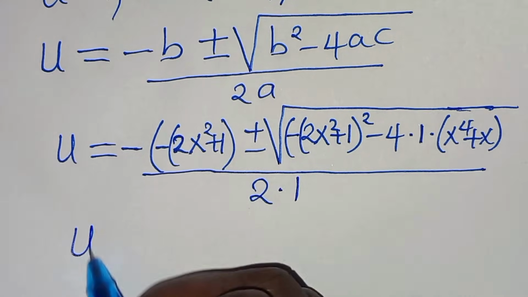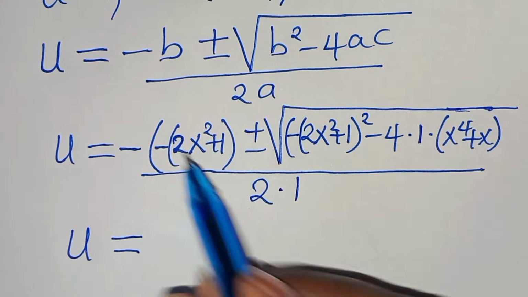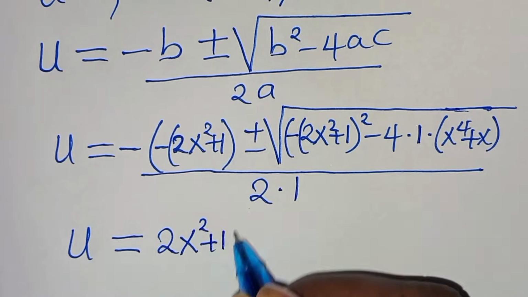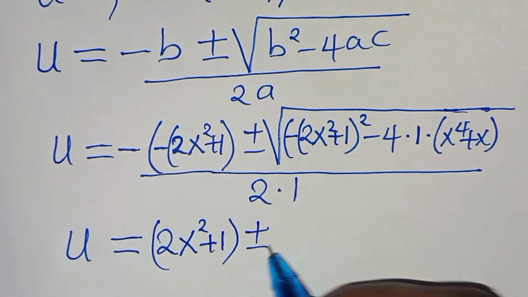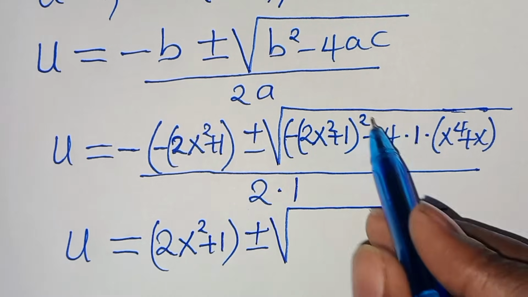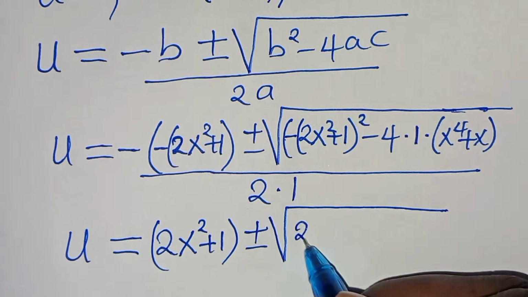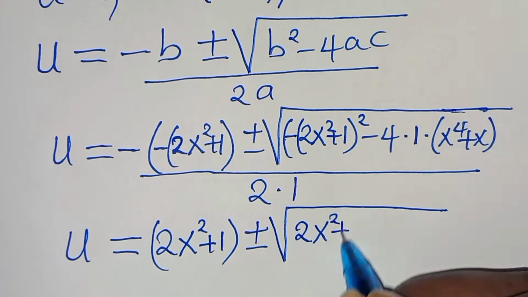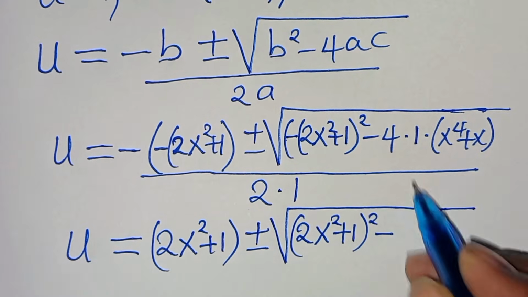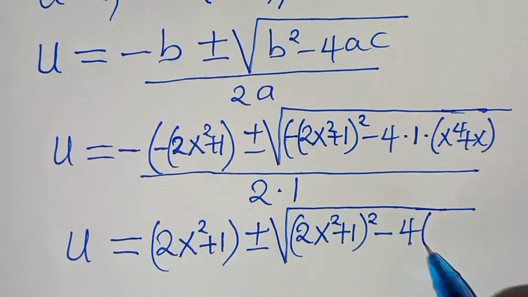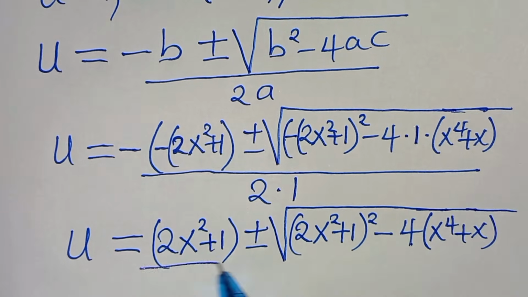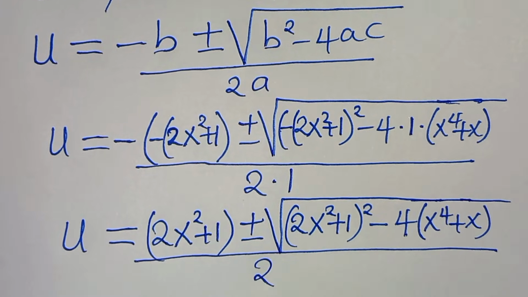Now this implies that u is equal to, minus times minus is positive, so we have 2x squared plus 1, plus or minus the square root of, minus 1 squared is positive, so we have (2x squared plus 1) raised to the power of 2, then subtract 4 multiplied by (x to the power of 4 plus x), everything divided by 2.